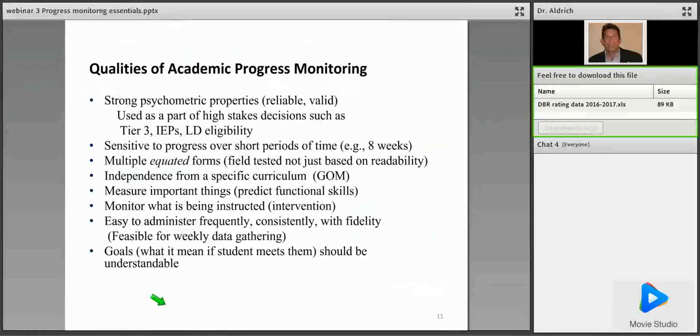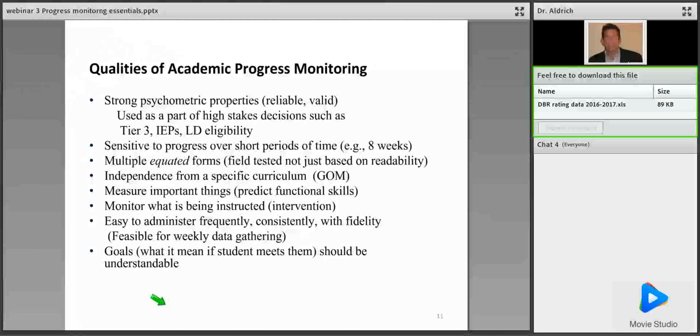It's really important when you're choosing a progress monitoring tool that they have certain qualities. Because this data might be used for IEPs or special education decision making, special education referrals, progress monitoring is typically used as part of a dual discrepancy that we'll talk about in Webinar 5 for identifying, as part of that comprehensive evaluation, learning disabilities.